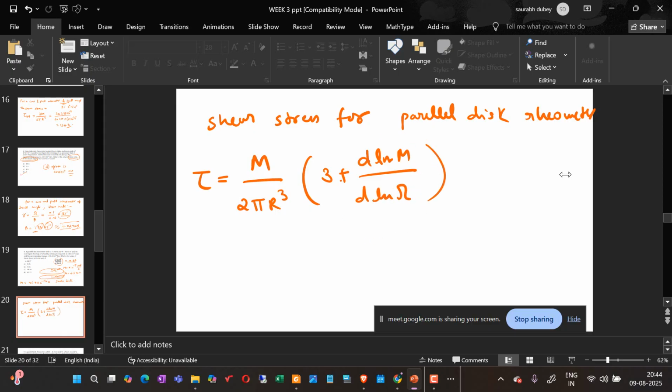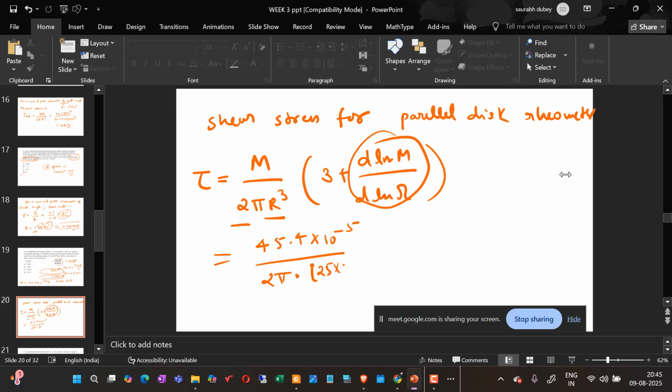And this value you are given. So M you are given, 2 pi you are given, R you are given, and this entire factor was the main thing. If they had given the M versus omega data, then you would have had to draw this curve and get the slope of the ln M versus ln omega curve, right? But here you are given the value exactly. So 45.4 into 10 power minus 5, divided by 2 pi, and now the radius you know.